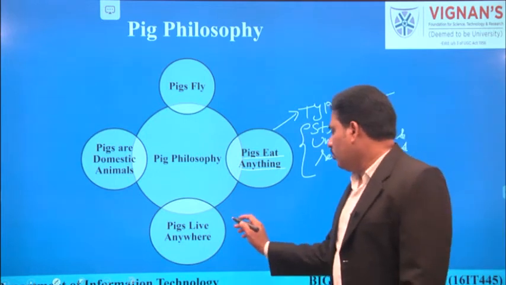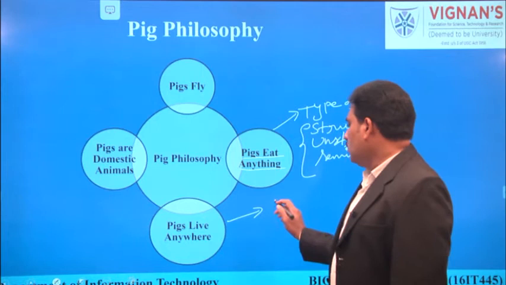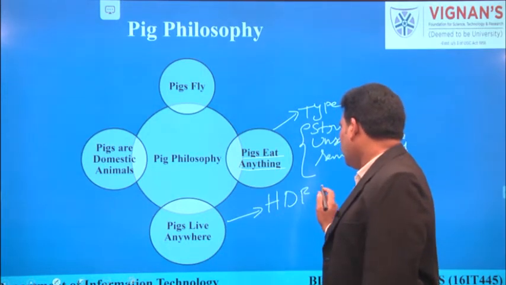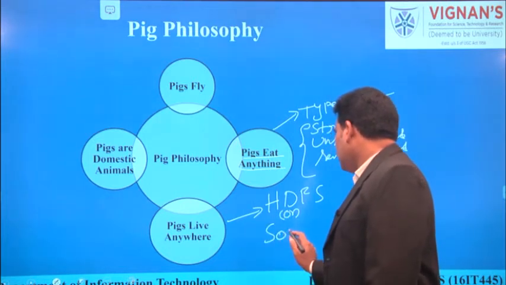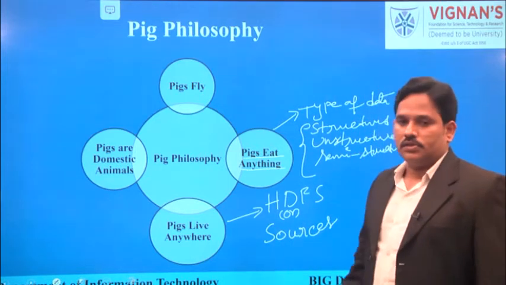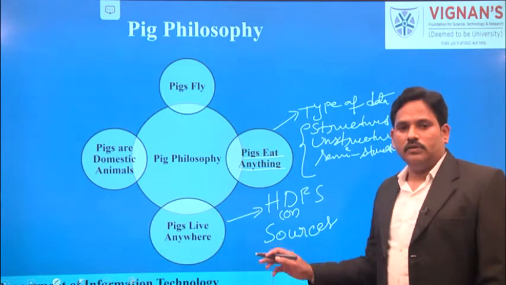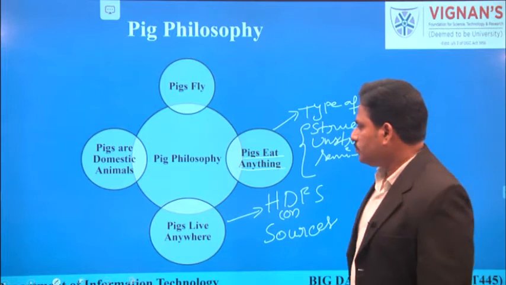Now comes Pig lives anywhere. That means Pig can be executed on the HDFS environment or any other sources other than Hadoop and HDFS. On other sources also, Pig can execute, access, or perform read-write operations.